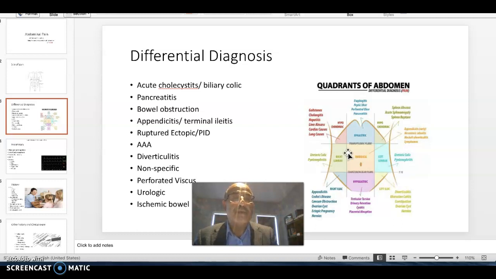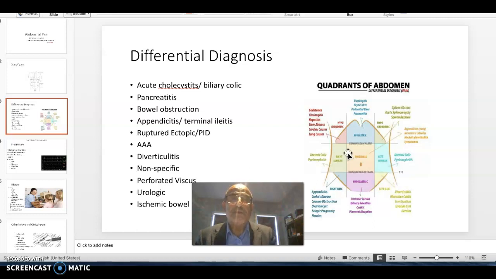The possibilities are a variety. It could be anything, but in most cases the cause of the abdominal pain will be very common, and the numbers are easily remembered.